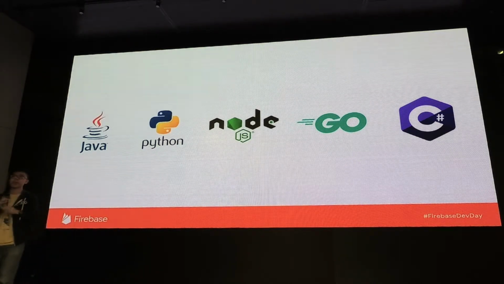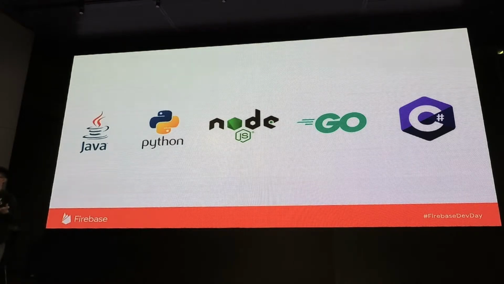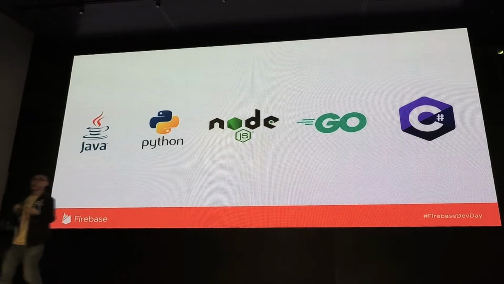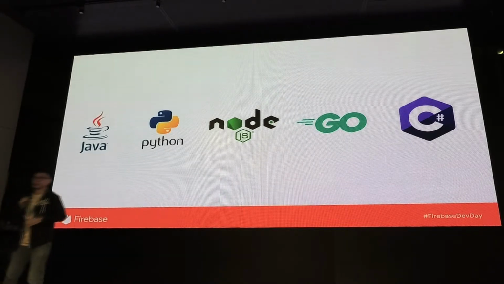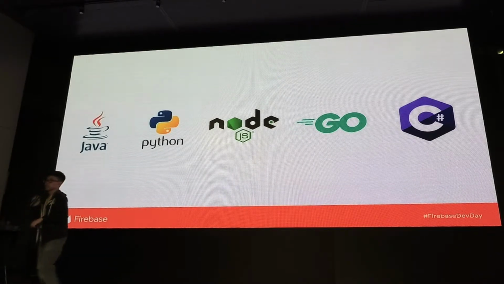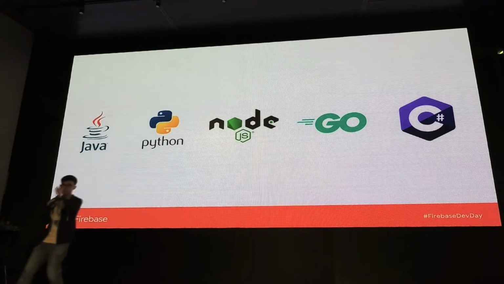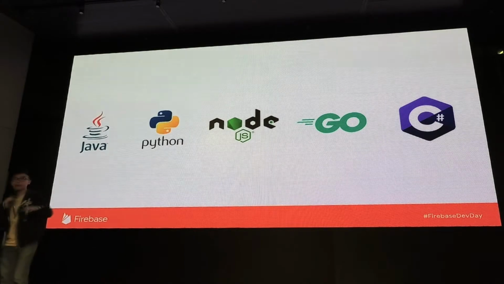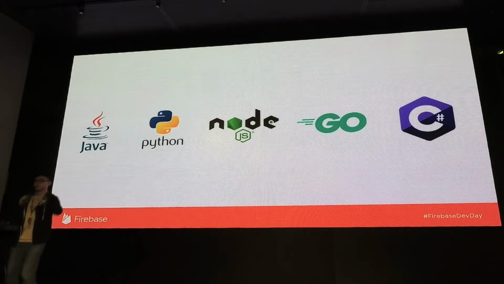The Firebase Admin SDK, you can run it almost everywhere, meaning the platforms currently officially supported by Firebase. You can run it on Java, Python, Node.js, Golang if your server is using Go, and C#. But one small thing, if your server is using C#, right now the Admin SDK support is not that good yet.